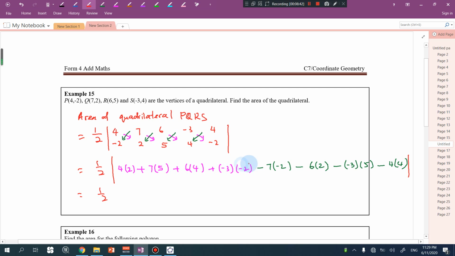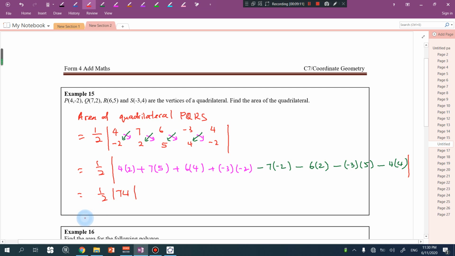So here we just use a calculator to help us get the answers. Okay, you should be able to get 74.